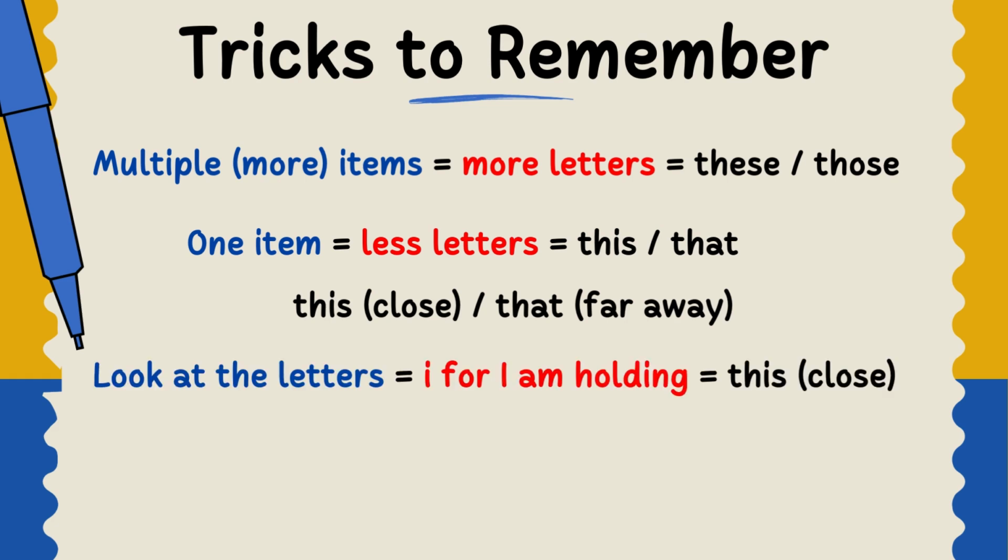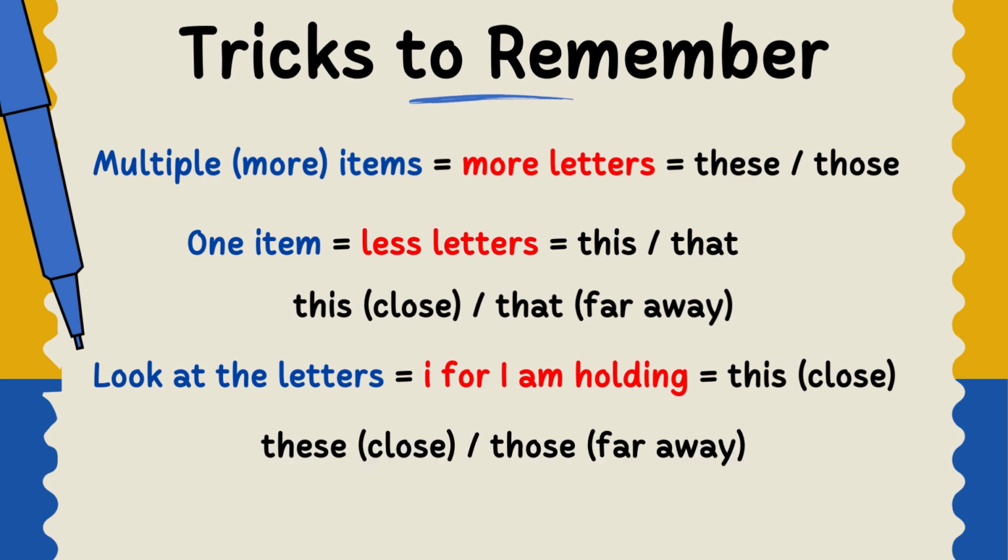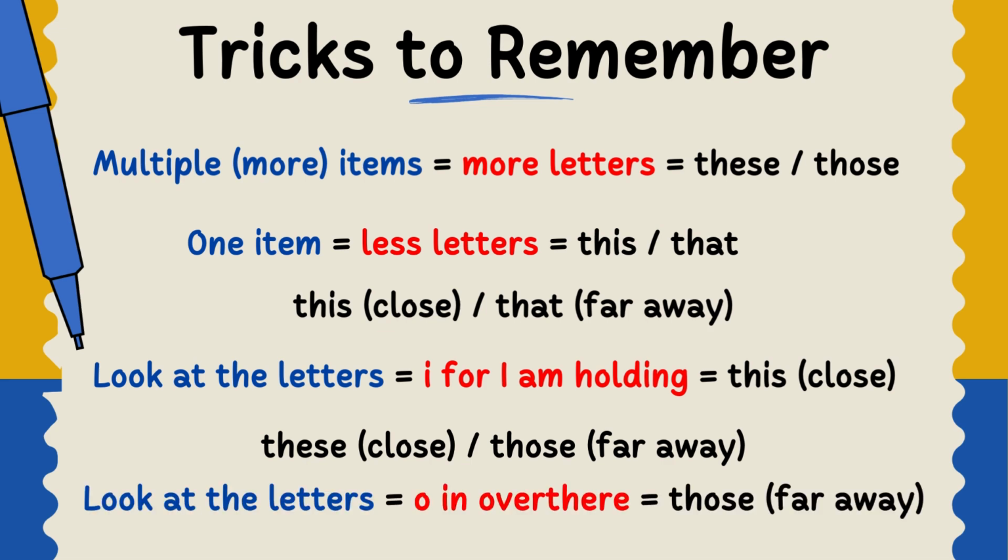I for I am holding this, which is close, and these and those for far away. Looking at the letters, the O tells us over there, so we know that those is for far away. Now, hopefully these mnemonics help you to remember which one, these, those, this or that, you need to use.